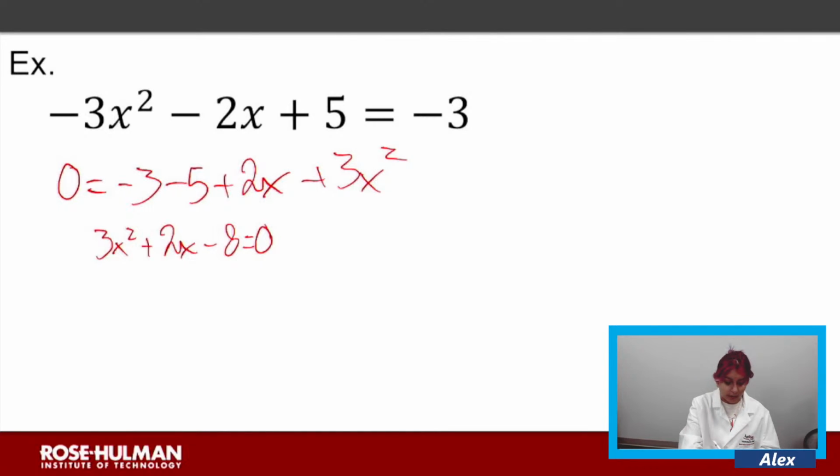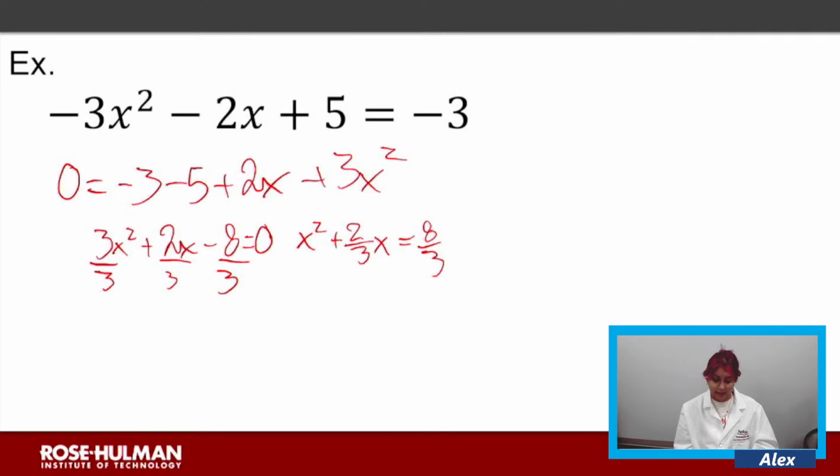We can go ahead and divide all of the coefficients by 3, which gives us our equation of x squared plus 2/3 x equals 8/3. And here in this step, I went ahead and moved the 8 over to the other side, made it positive, and divided by 3, which gives us 8/3.